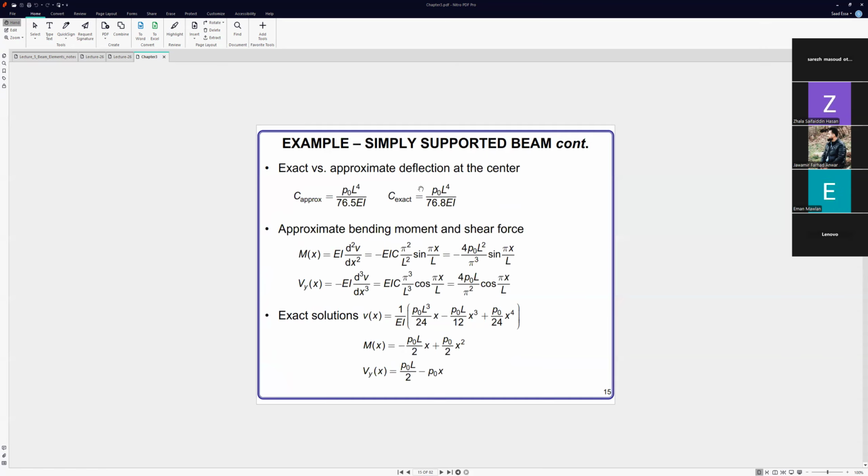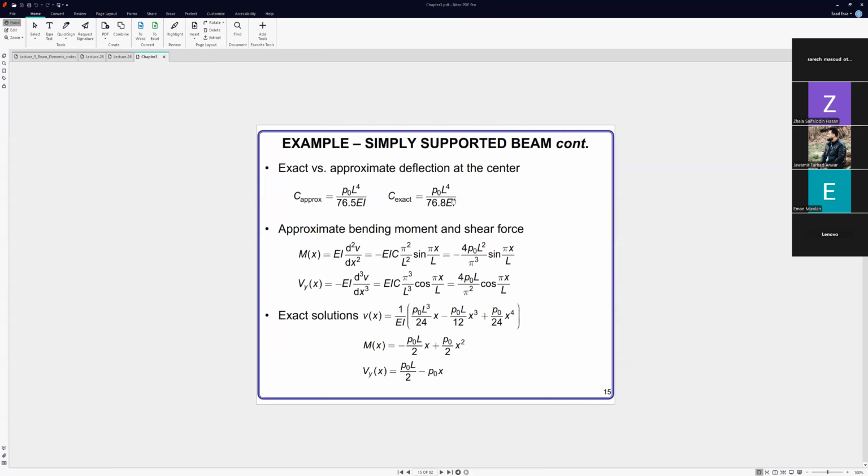If you want to make the multiplication, you should take 1 over the value, like this, and it will be 76.5. So it is P naught L to the power 4 over 76.5 EI.